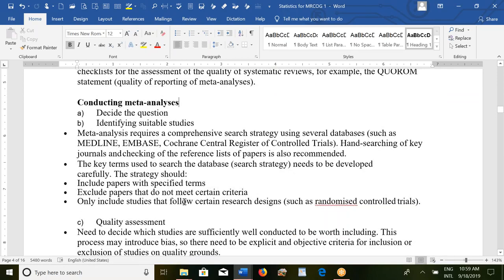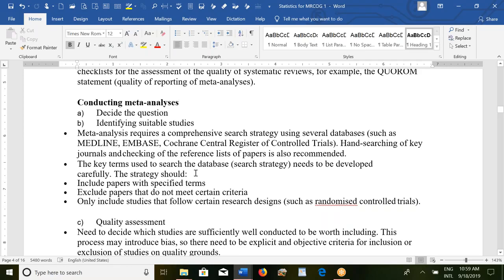Like you must have seen in these published studies, you are going to see maybe 100, maybe 50 references. So you have to see that the references are also good. By good I mean that they have been properly researched without any bias.